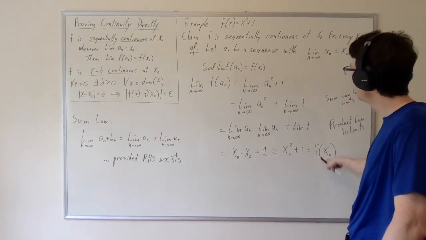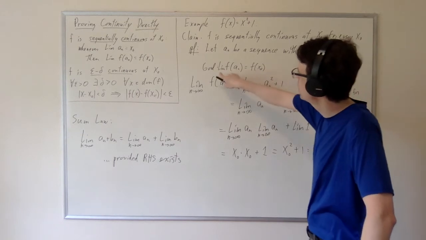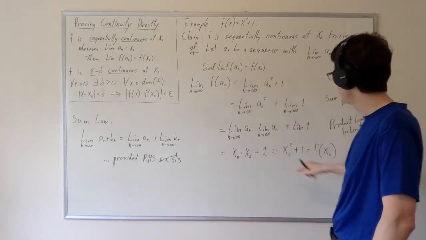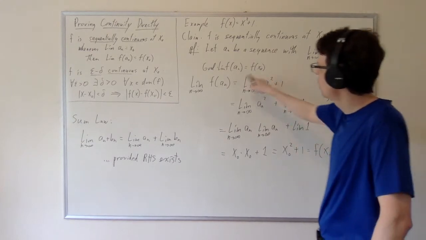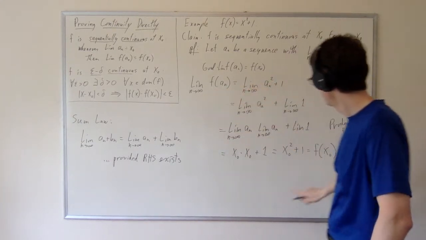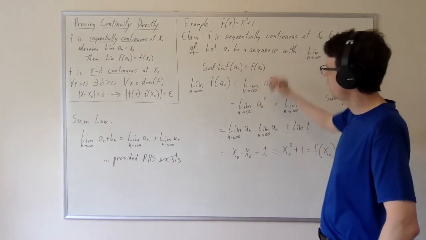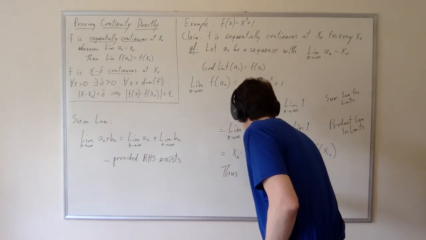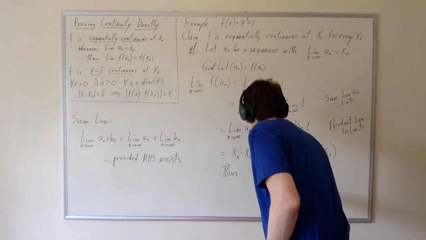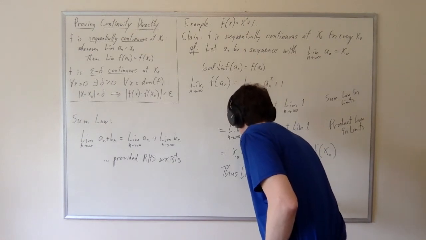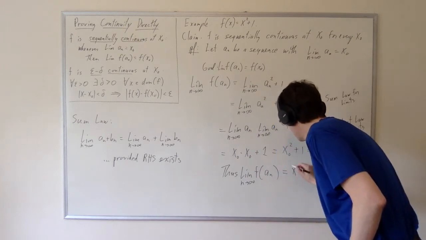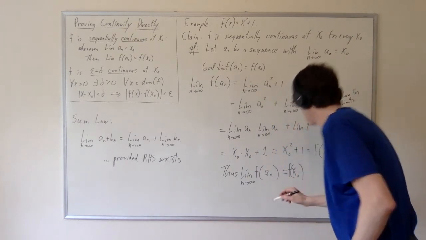Why should we point that out? Because that's what we're trying to show. We're trying to show that the limit of f of the sequence is equal to f at the limiting point x naught. And so this connects this limit to this f of x naught, which is exactly what we want to show. So we conclude, f of a_n is a sequence whose limit as n goes to infinity is equal to f of x naught.